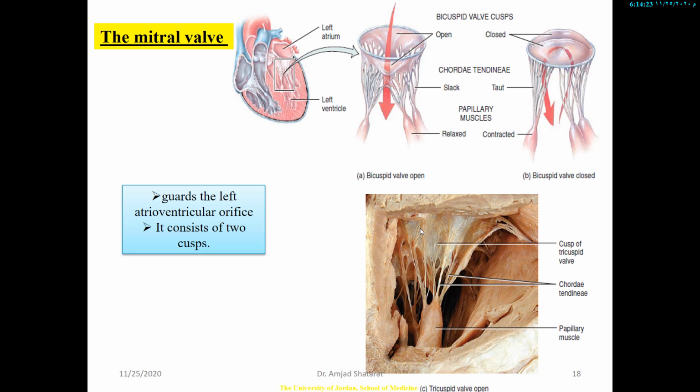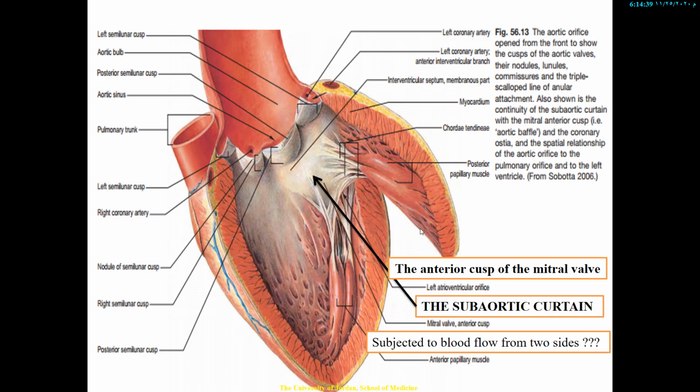We talked about this in a former lecture, so I won't go into the detailed structure of the mitral valve, but I would rather highlight once again that the anterior cusp of the mitral valve is subjected to two currents of blood flow, the one coming from the left atrium towards the left ventricle, and the one from the left ventricle towards the aorta.